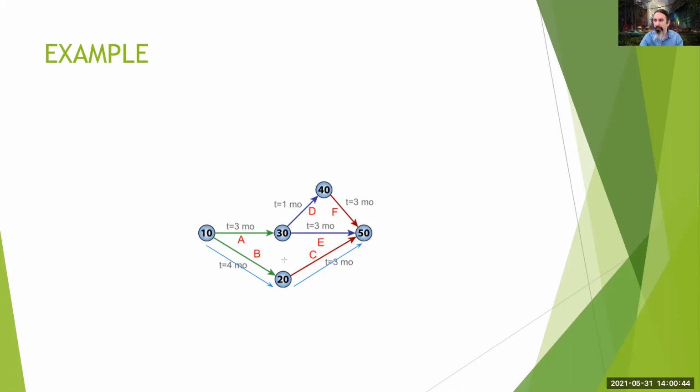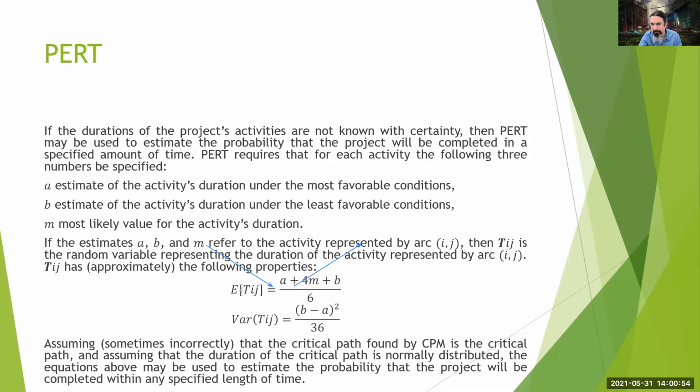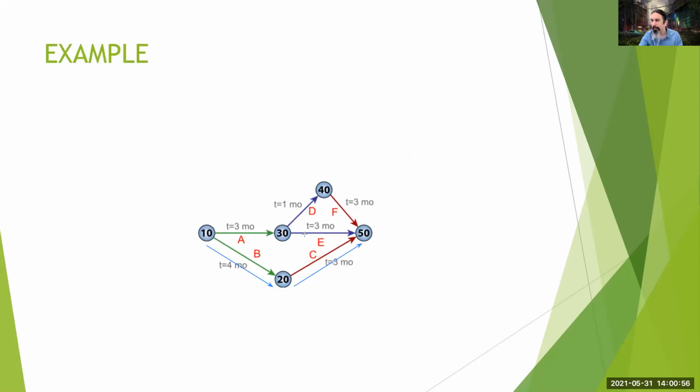So we know the values for B and C, the amounts of time we have for B and C, the expected values, and the variances. For example, we have a total expected value for B and C of 7 and a total variance of 36, for example.